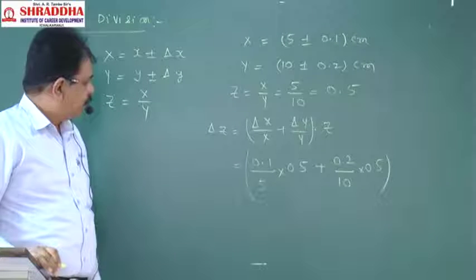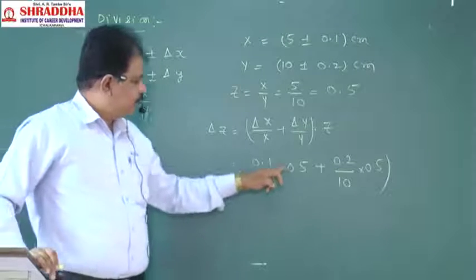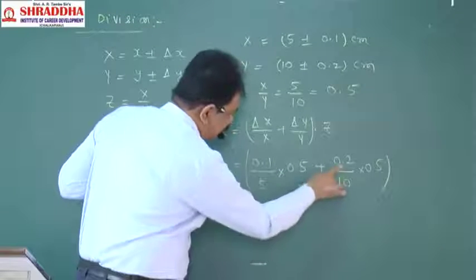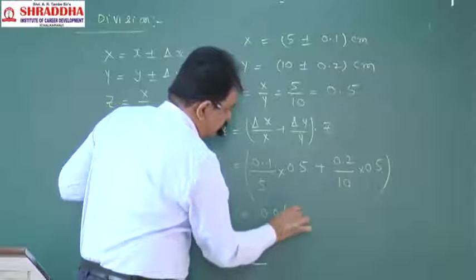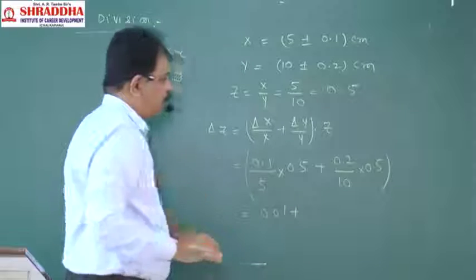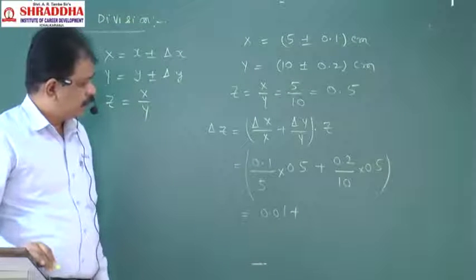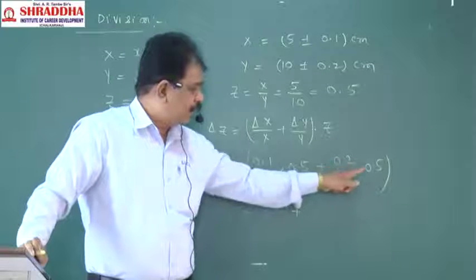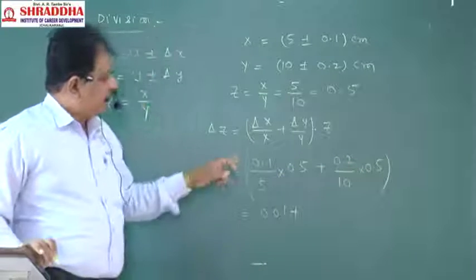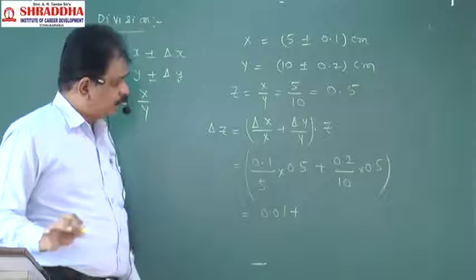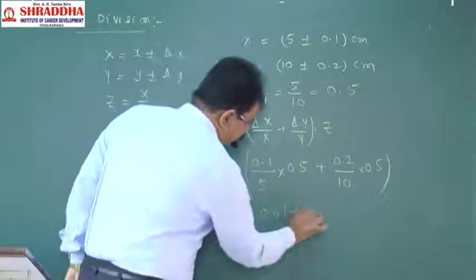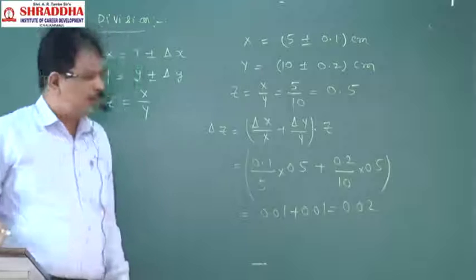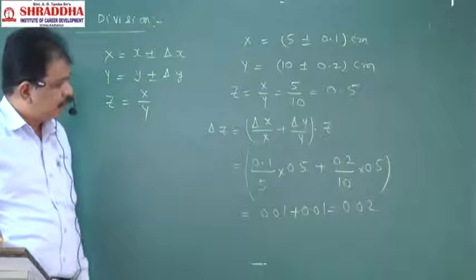Clear? So 0.01, and this will be 0.02. Okay.